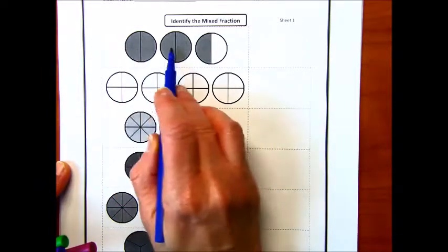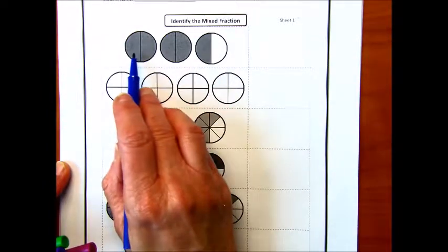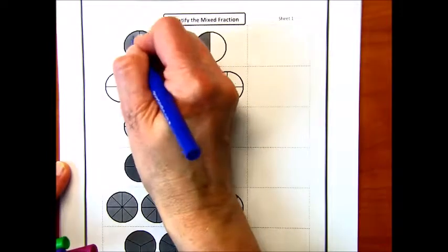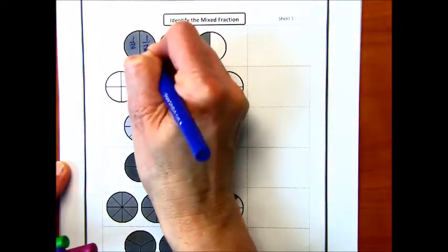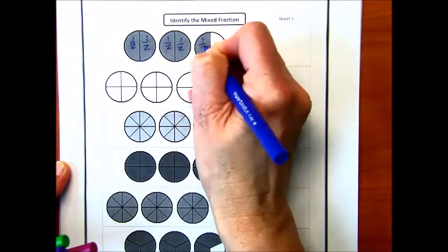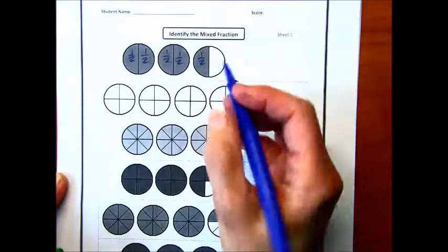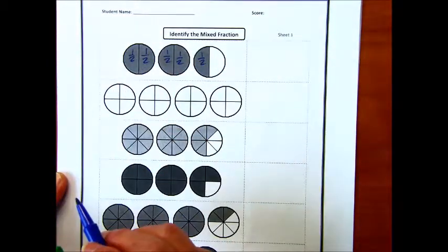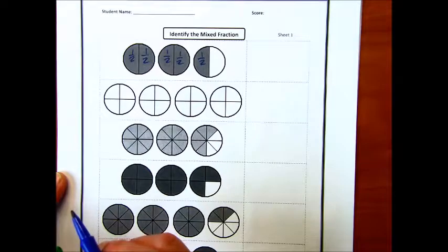Notice that each of these 3 circles are divided into 2 equal parts. So this is 1/2, this is 1/2, 1/2, 1/2, and so on. Okay, so we have 1, 2, 3, 4, 5 1/2 pieces.